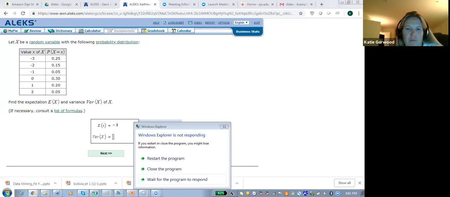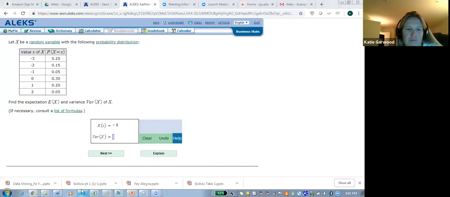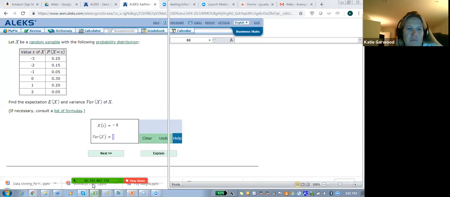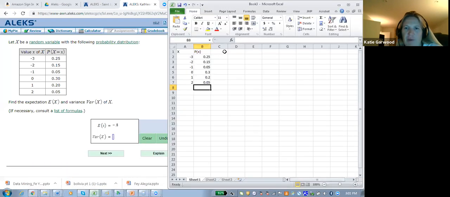When we look at the Excel, what we're going to do is put in each X and the probability of X, and all we simply want to do is take each X and multiply it by the probability that that X occurs. And so to do that, we would do equals this number times this number, because this X is -3, and the probability that -3 occurs is 25% of the time.